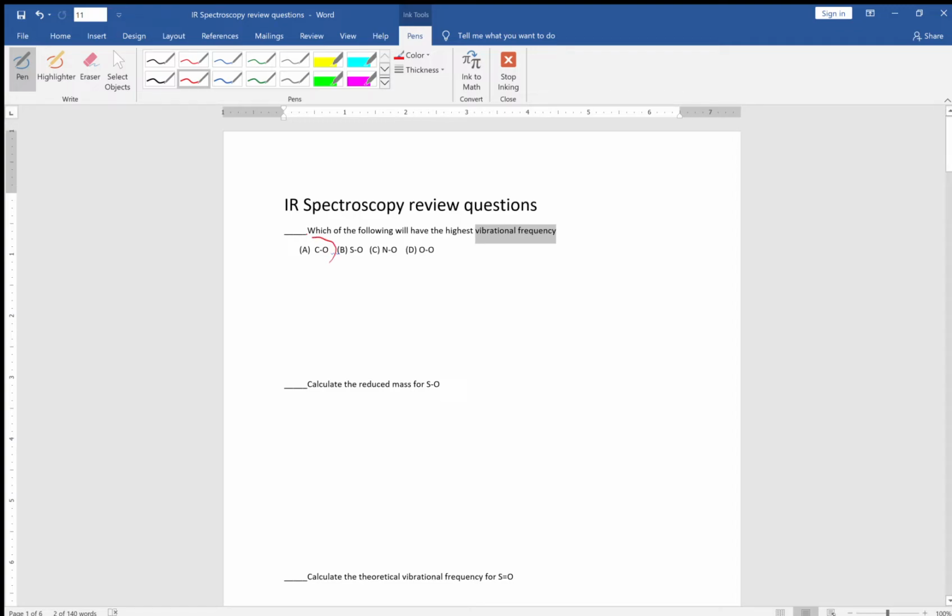And the lowest mass is the carbon, which only weighs 12 grams for every mole, as opposed to the sulfur, which weighs 32, the nitrogen, which weighs 14, and the oxygen, which weighs 16.